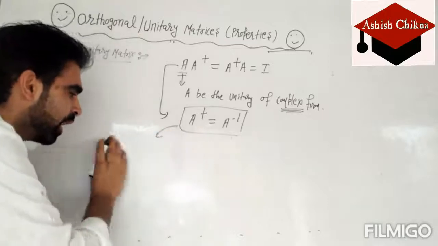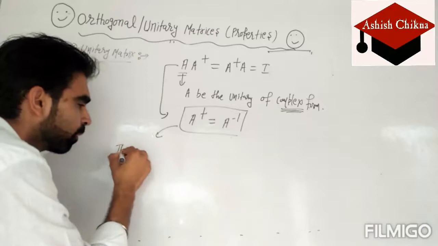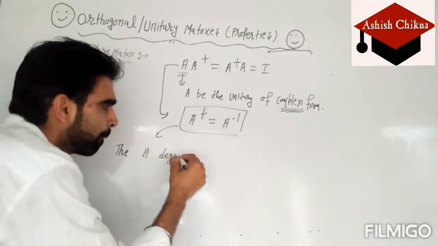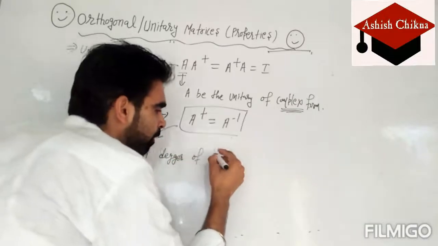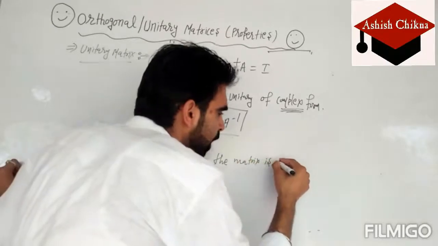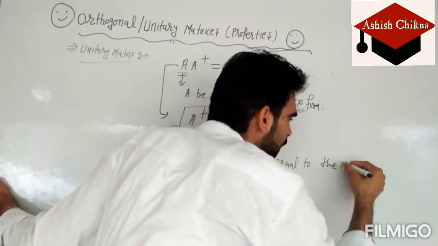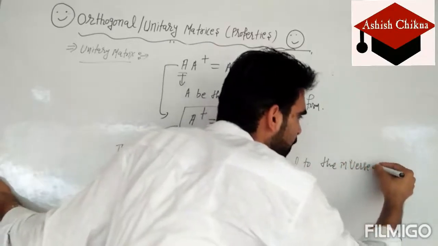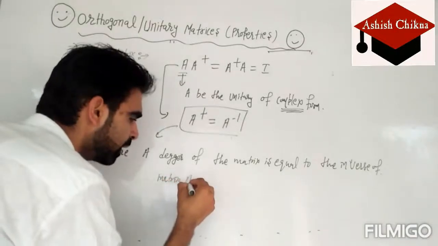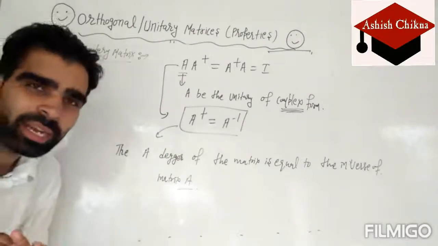Now write down its definition: the dagger of matrix A is equal to the inverse of matrix A. This definition is known as a unitary matrix.